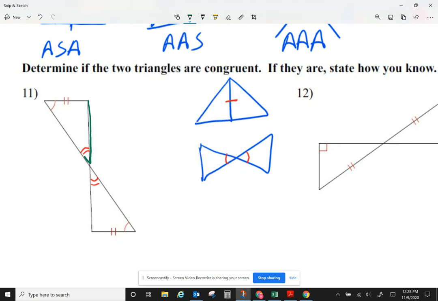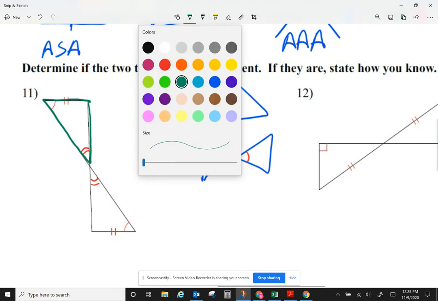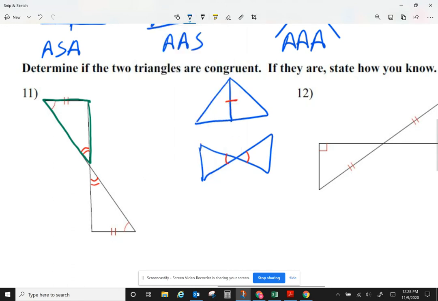Now, I'm going to take a look at one triangle only. Let me focus on this triangle. I always look for two of something, either two angles or two sides. Once again, I'm looking at what is marked. In this case, I have two angles marked. Then my question is, is the side in between the angles? If it is, put the S in between the A's.